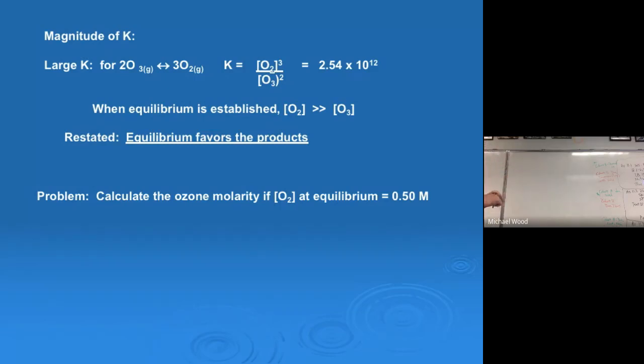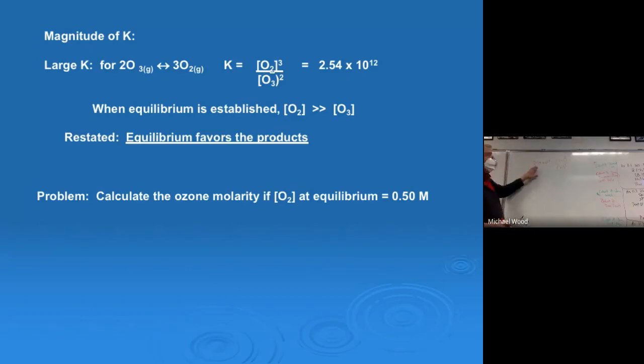So calculate the ozone. Ozone is O3. Here, it is truly just plug and shove.